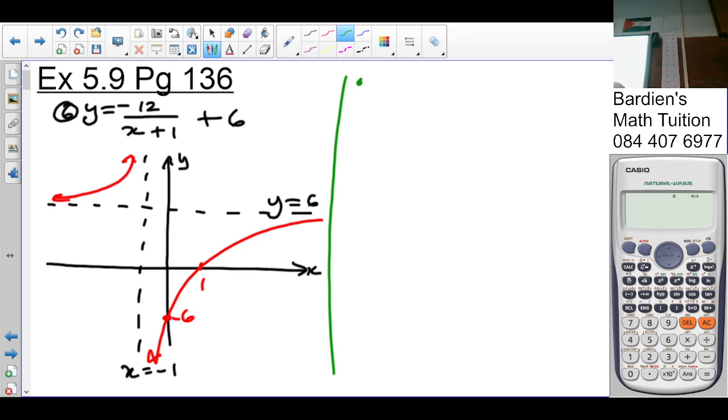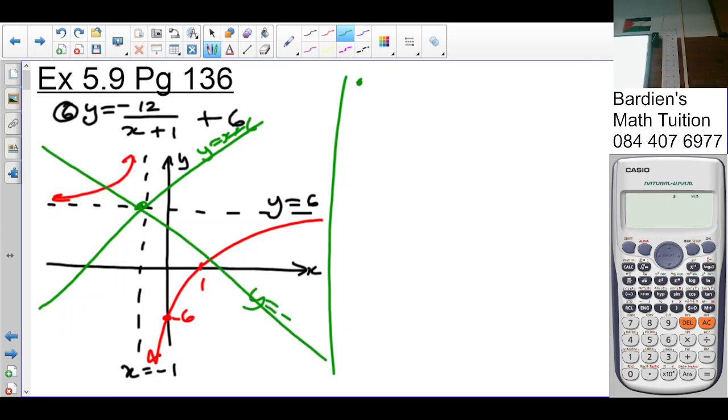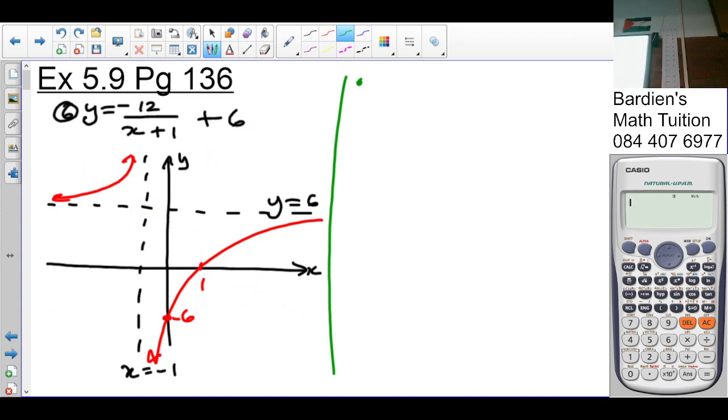The axis of symmetry is basically the line going through like that, which is y equal to x plus c. And then the line going through like that, which is y equal to minus x plus c. You all agree with that? And it goes through the point where your two asymptotes overlap.